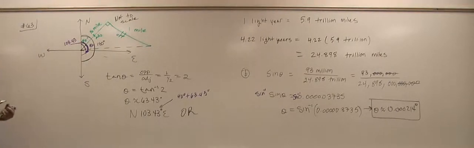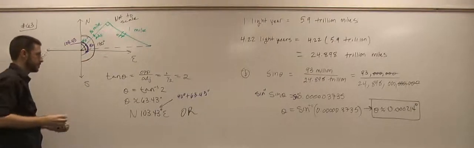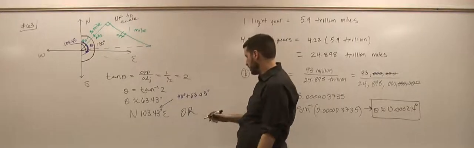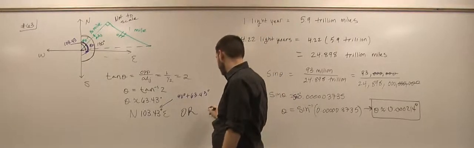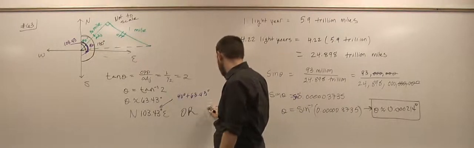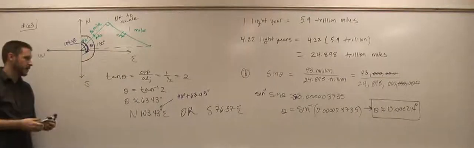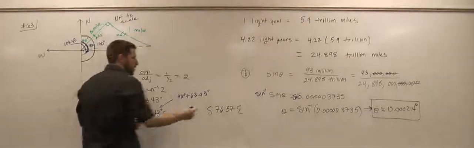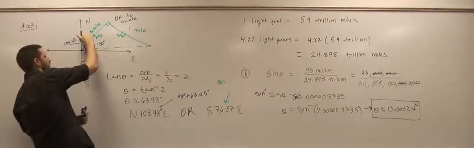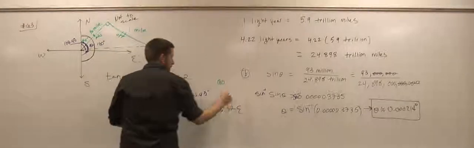So 180 minus 103.43 will give you this leftover portion: 76.57. So that would be measuring from the south. To get this, I took 180 and subtracted my original bearing, which was 40, and I subtracted theta.